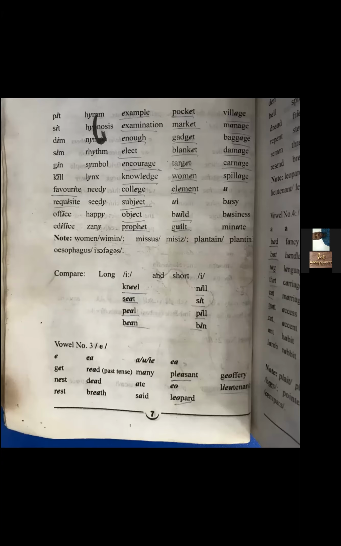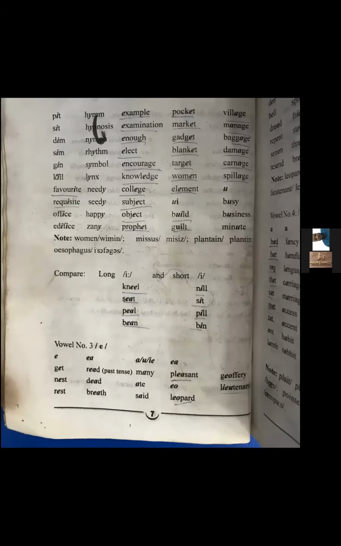And then we have it in esophagus. That's how you pronounce it. It is not how some people say it, but the correct pronunciation is esophagus. Yes, that's how you pronounce it.